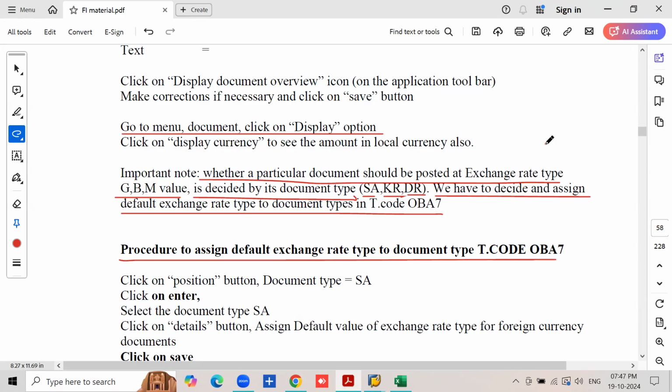The user can enter the exchange rates every day in the following ways.